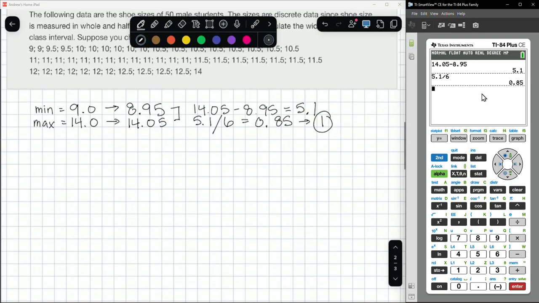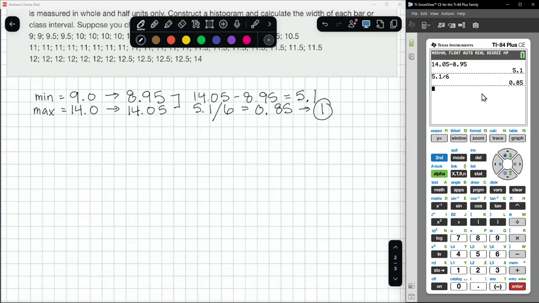So we're going to start with our class boundaries. And then we'll fill in the frequency. And our class boundaries, we start with our lowest edge, not our minimum, but that half step below.